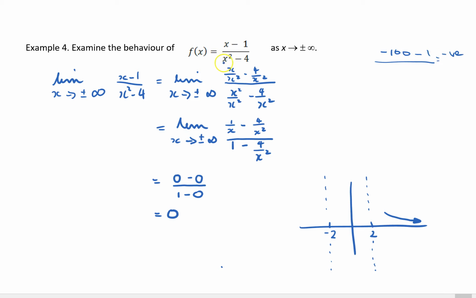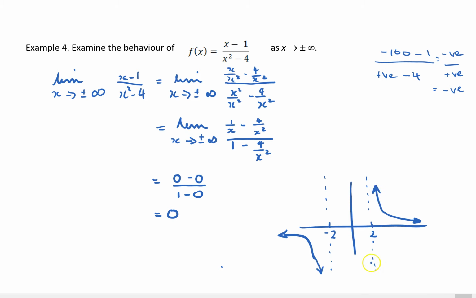Negative 100 squared is a very big positive number, and I'm only going to subtract 4 from it, so that's over a positive, and a negative over a positive is a negative number, and it's a very big number in the denominator, which means overall it becomes very small. So we're going to head off to 0, but it's going to be negative values, and the graph does this and it does that.